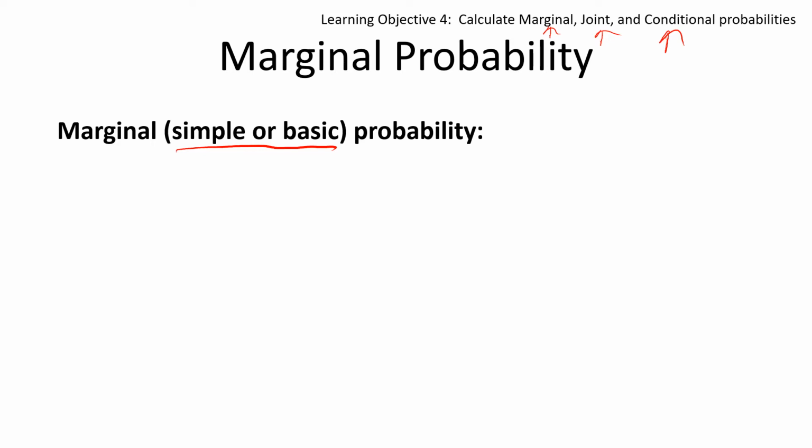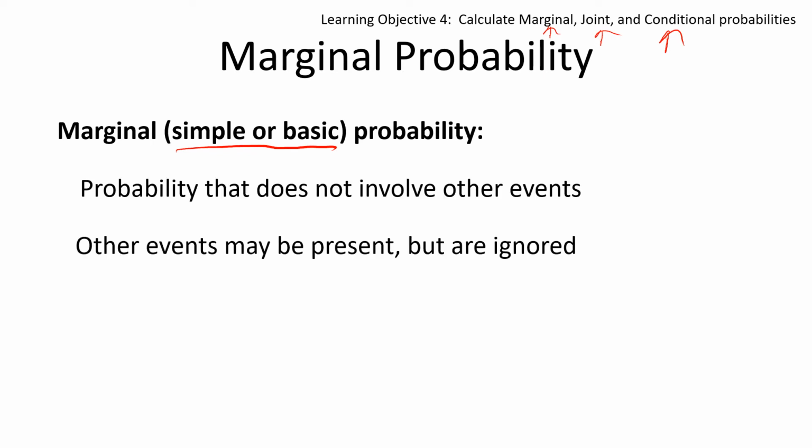On that previous chart, we had what was in the center of the table, and we had what was around it in the margins. So a marginal probability is the ones we've been calculating so far. It's when you've only got one variable. It's the probability of an event that does not involve other events.